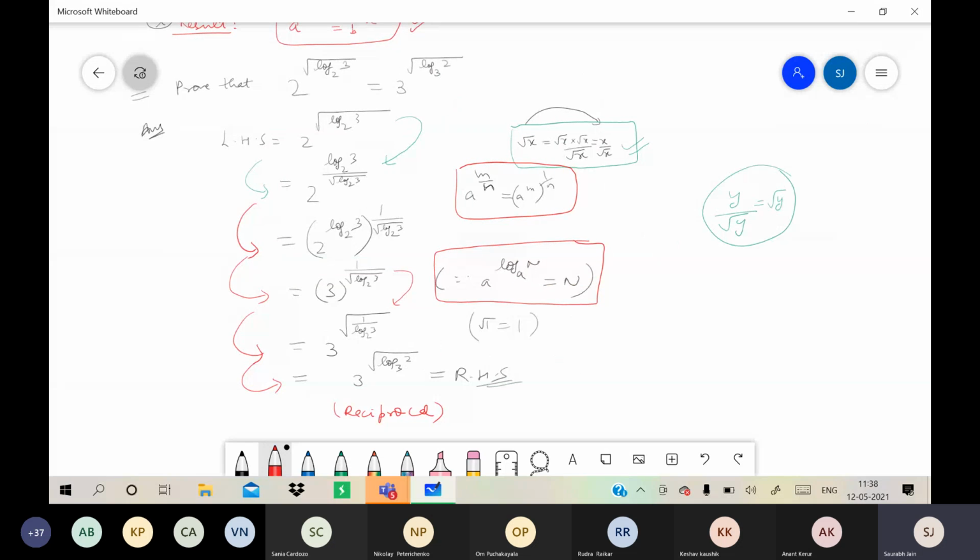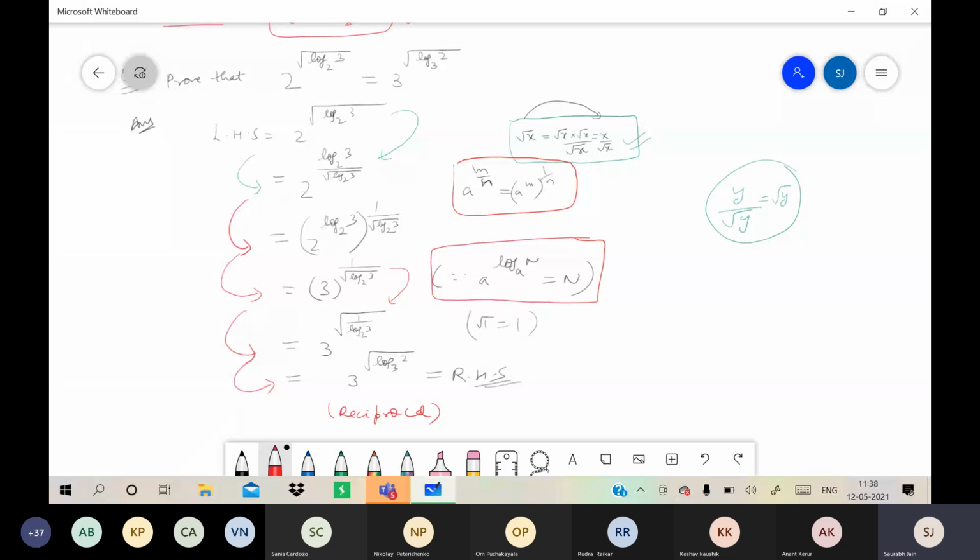Is this thing clear? Anyone having any doubt in this question? Actually, with this we have completed logarithms, which is required for your preparation also.